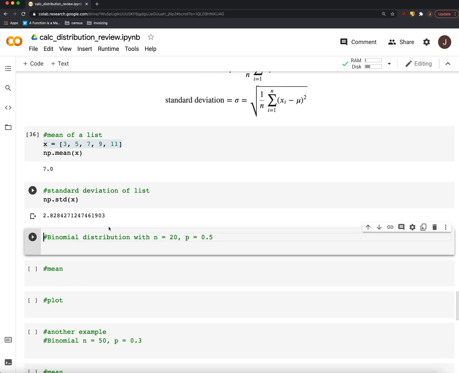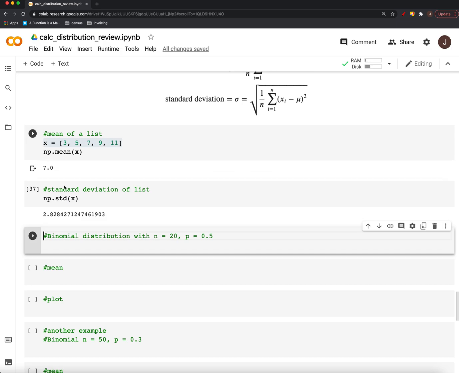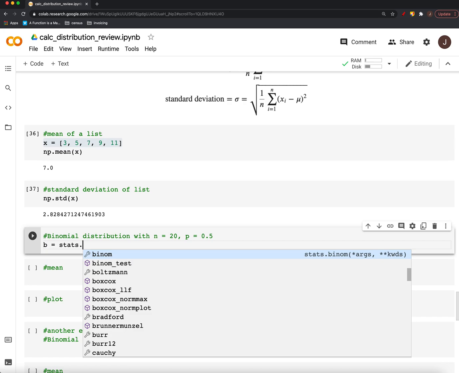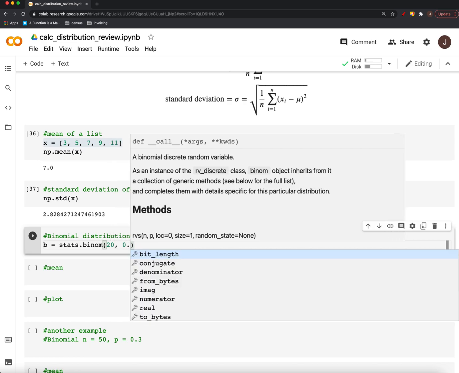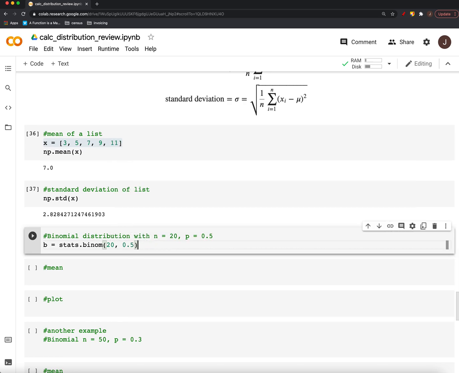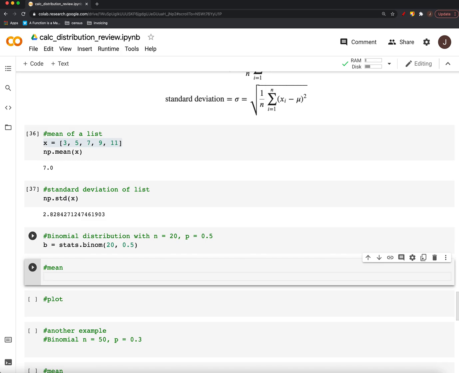Now, for the moment, we're primarily interested in means and standard deviations of distributions of outcomes. So if we look at, again, a binomial distribution with n of 20 and probability of 0.5, so 20 and 0.5, we can look at the mean of that easily.